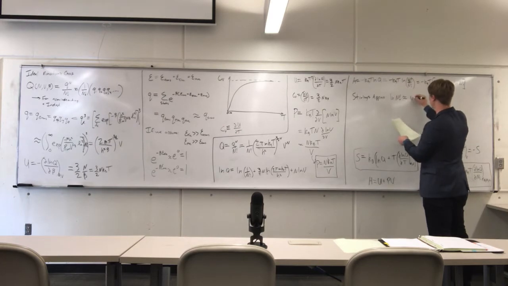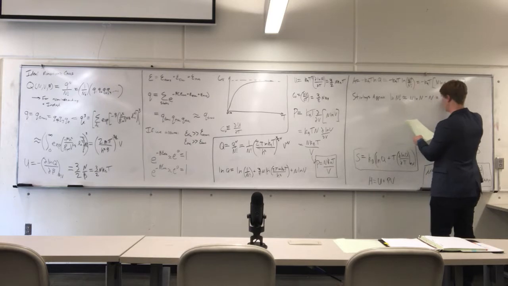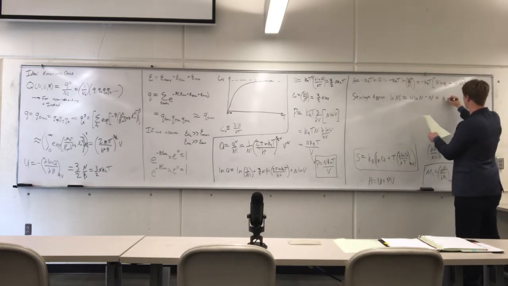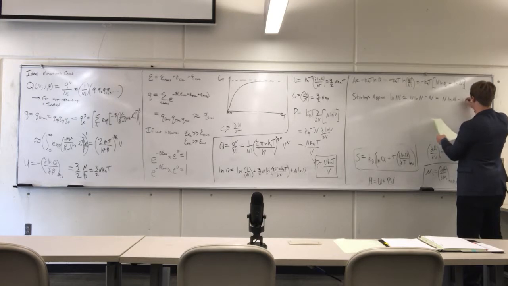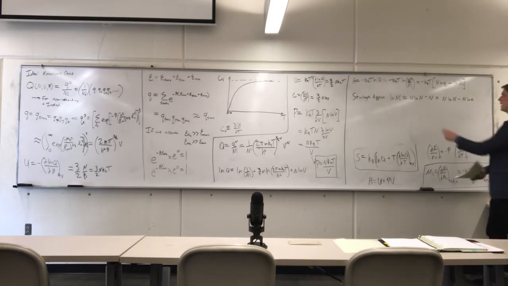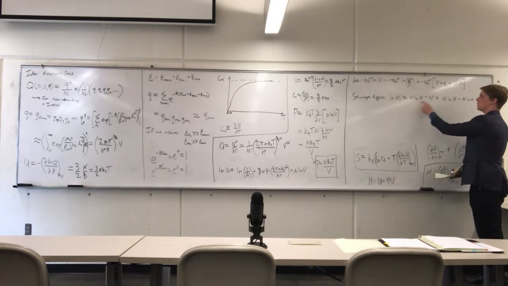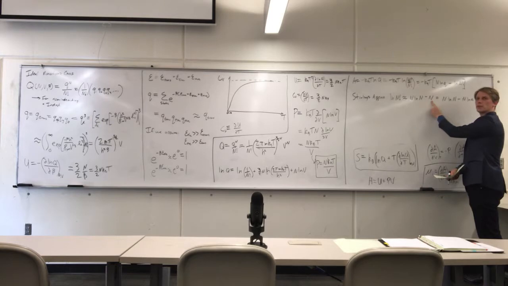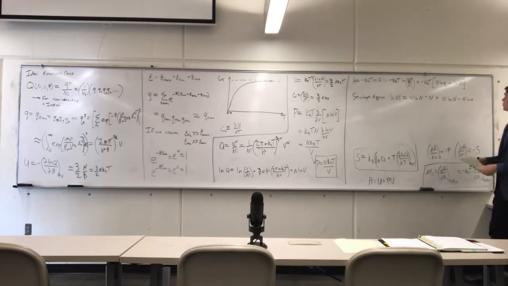We can rewrite this as the number of particles times the natural log of the number of particles minus the number of particles. We could also write this as well, noting the natural log of e is just 1. That allows us to combine these expressions together a little bit.